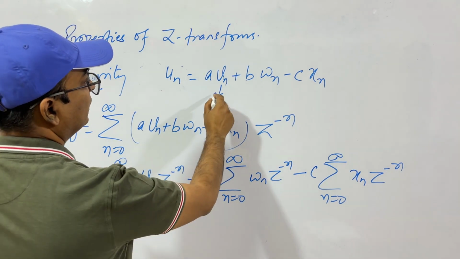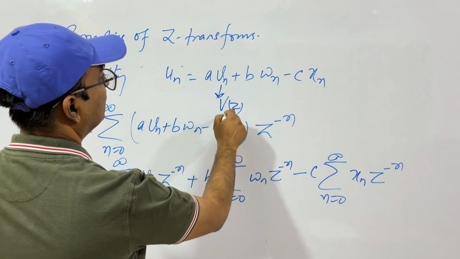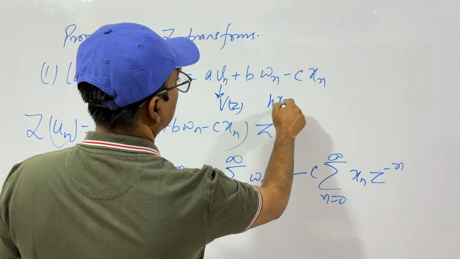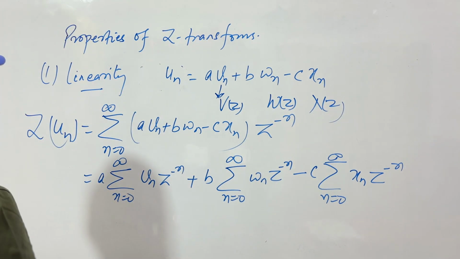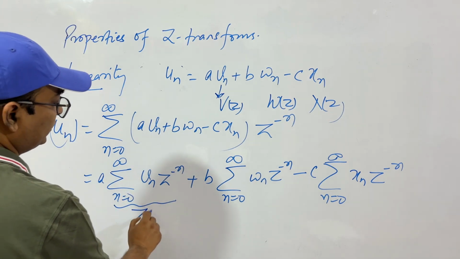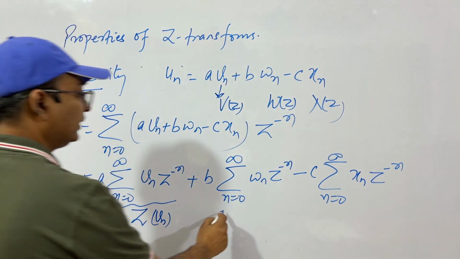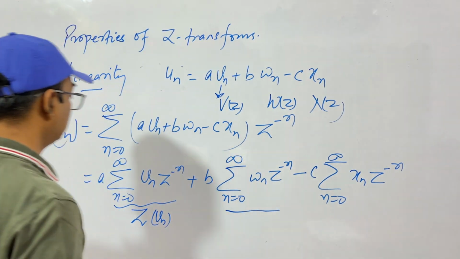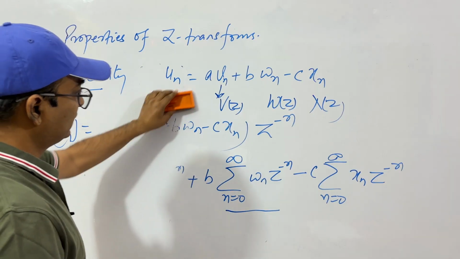Individually, these are V(z) for v(n), W(z) for w(n), and X(z) for x(n). So this is the Z transform of v(n), this of w(n), and this of x(n).